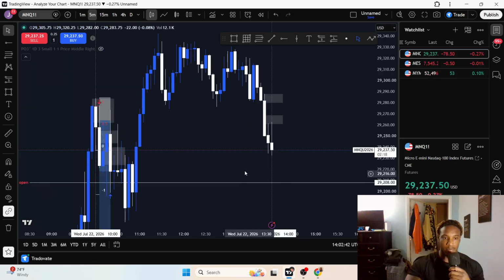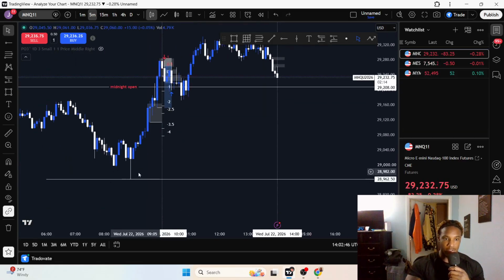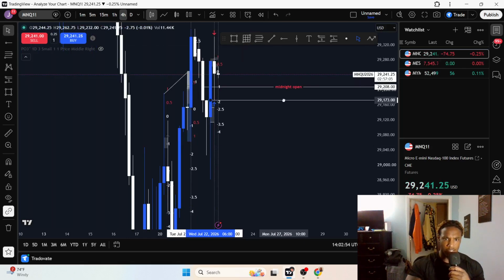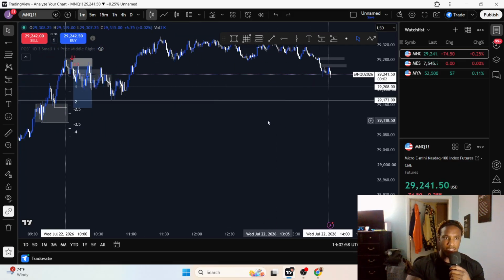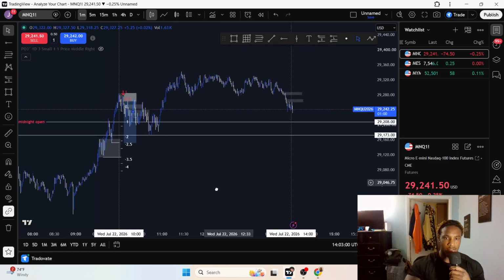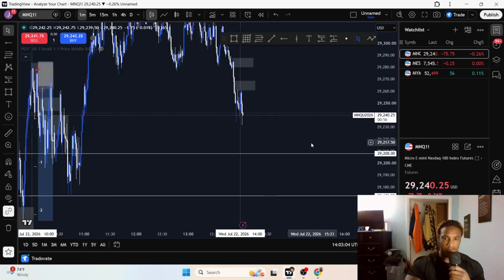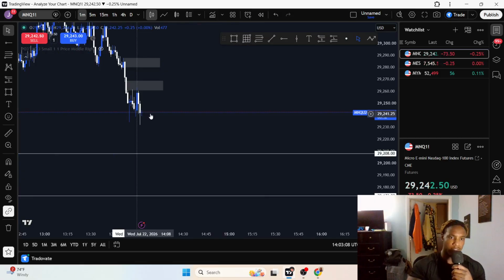This line right here represents the midnight open, and this line represents the low of the previous 4 hour candle. Well, no, it's actually up here. My bad. Yeah, that second line represents the low of the previous 4 hour candle. Probably gonna sweep that.